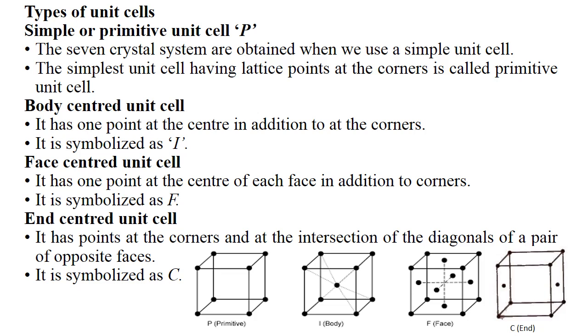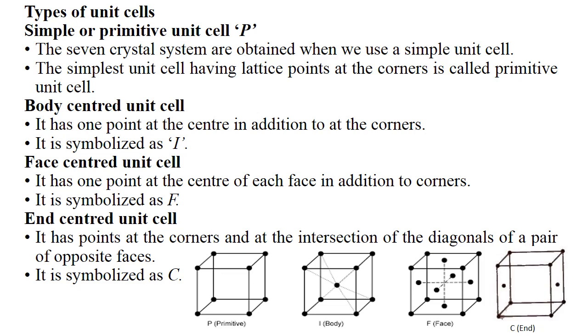It is the simplest unit cell, having lattice points at the corners only, and in addition to the corners there is no other point in the unit cell. This is called a primitive unit cell.